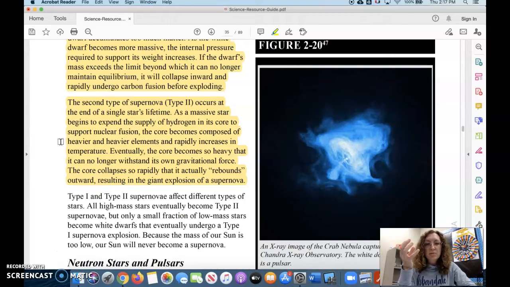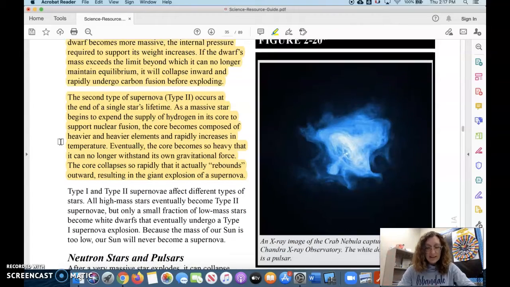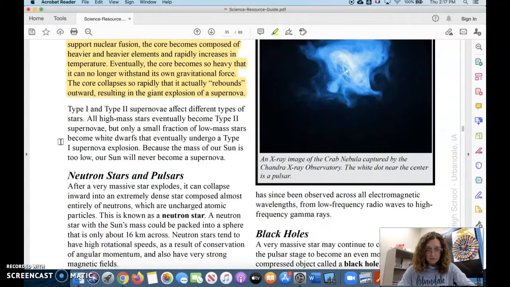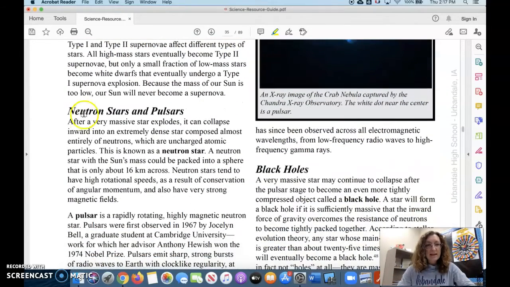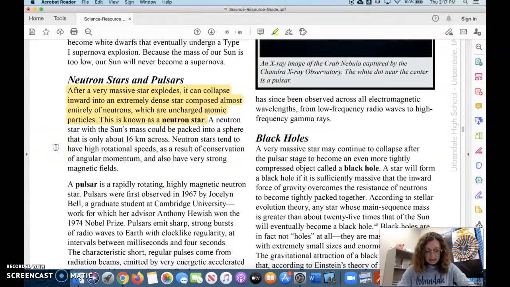So the core becomes more and more heavy. It keeps getting hotter. Eventually it can't withstand its own gravitational force and it collapses. When it collapses, it rebounds outward and you have a giant explosion. All right. After that explosion, it can collapse more and become a neutron star.